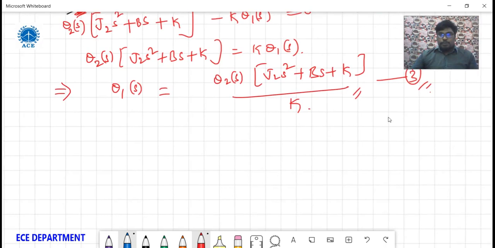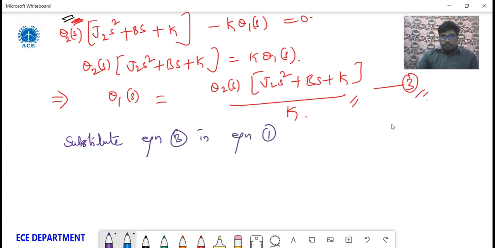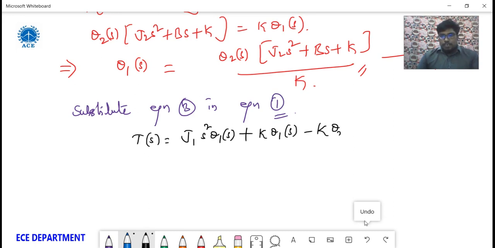Now substitute equation 3 in equation 1. Rewriting equation 1, that is T of s is equal to J1 s square theta 1 of s plus k theta 1 of s minus k theta 2 of s.